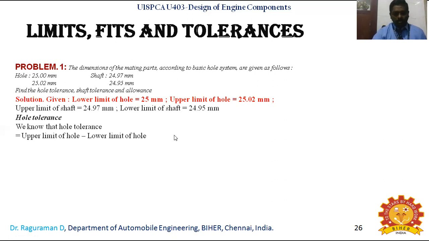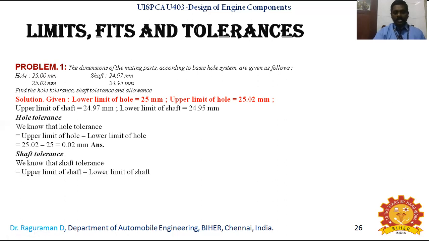So now the hole tolerance, we know, will be the upper limit of hole minus the lower limit of hole. So the upper limit is 25.02 mm minus 25 mm. So you are getting a hole tolerance of 0.02 mm. For the shaft it is 97 minus 95, the same 0.02 you are going to get. So upper limit of shaft minus lower limit of shaft, that is 24.97 minus 24.95, so the same 0.02 mm.